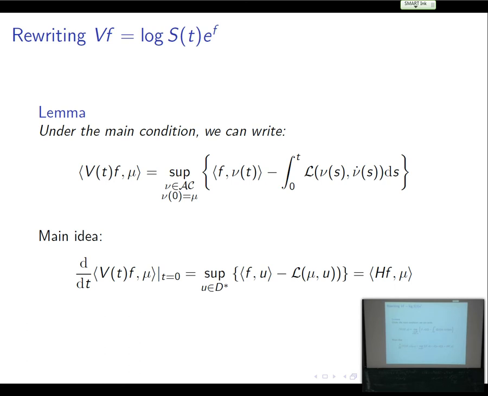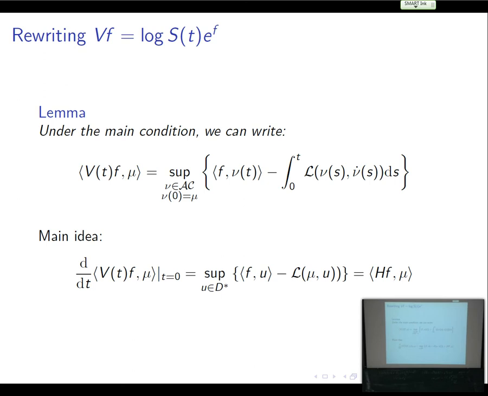Now, why are these two the same? I won't go really into the details, but essentially you can see it if you try to differentiate this object on the right, and you don't mind too much about the details. So suppose that I can differentiate inside without regard to the supremum.